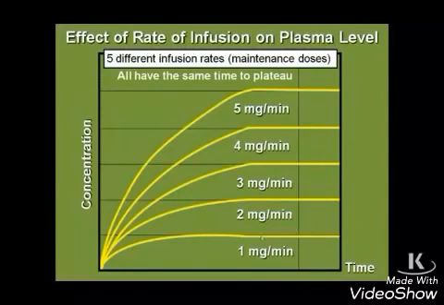What is the difference in giving 1 milligram per minute versus giving 5 milligrams per minute? Well, notice you're plotting versus plasma concentration here. If you give 1 milligram per minute, you're going to reach a much lower level in the plasma compared to 5 milligrams per minute. But you won't reach that level at steady state any faster than you did if you gave 1 milligram per minute.